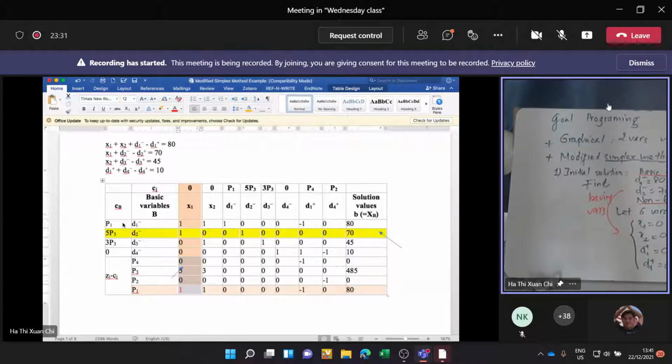So here, you take the basic, you times with the coefficient of x1, and you minus the coefficient of z here. So we can find the Cj minus Zj. For example, I have C1 minus Z1.